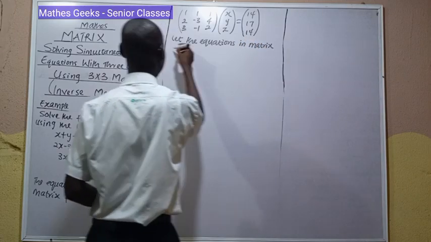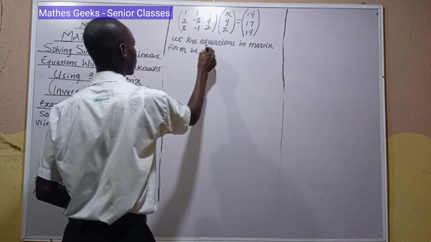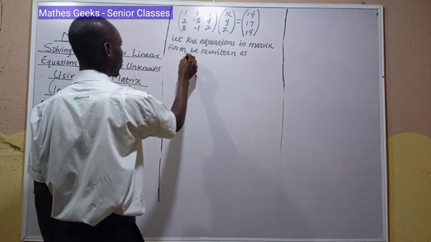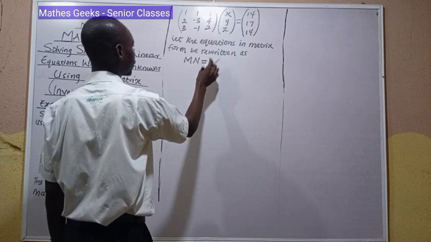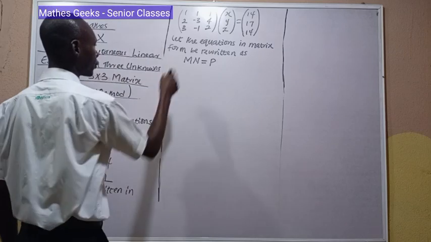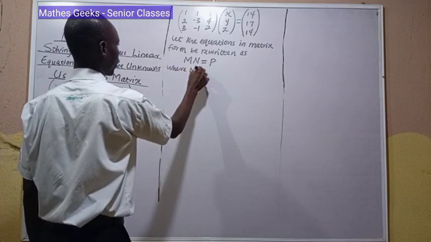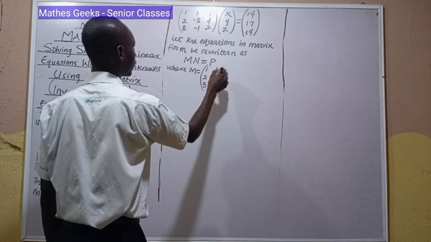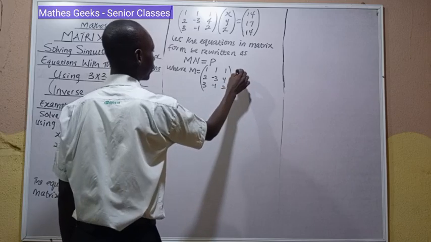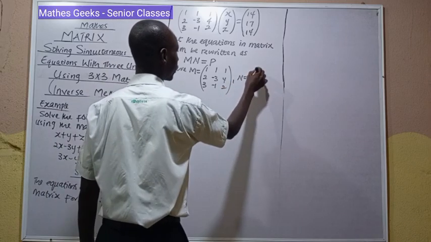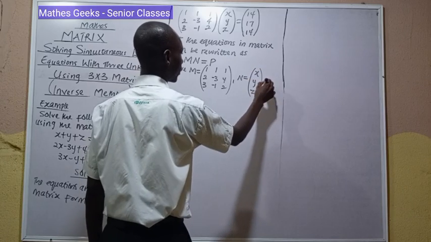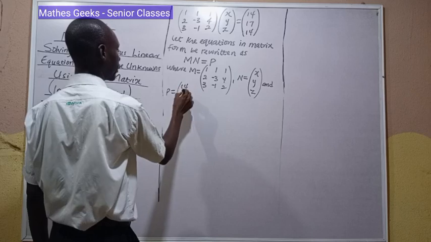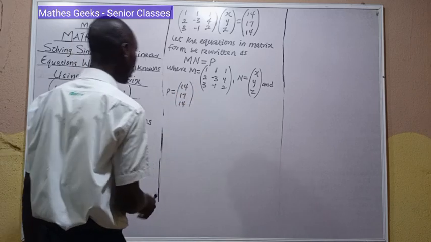Let's say it is written as N X equals P, where N is 1, 2, 3, 1, minus 3, minus 1, 1, 4, 2, X is x, y, z, and P is 14, 17, 14.